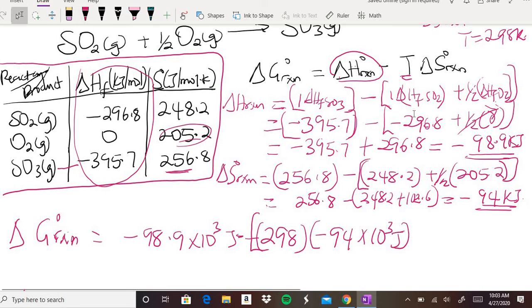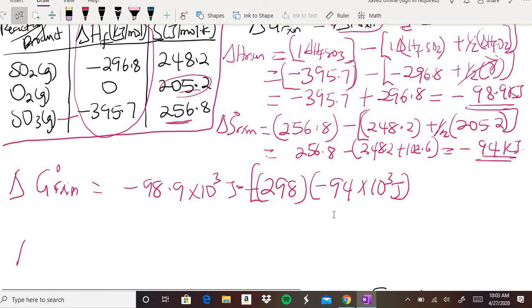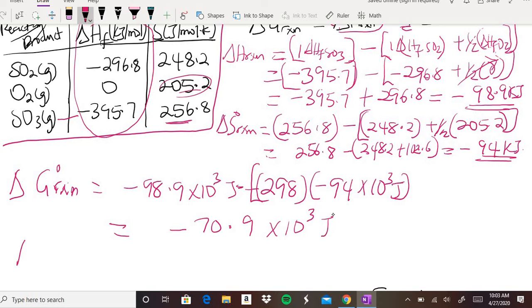When we plug all this together, the total is negative 70.9 times 10 to 3 joules. Alright, so because our delta G here is negative, it means that this reaction is going to be spontaneous.